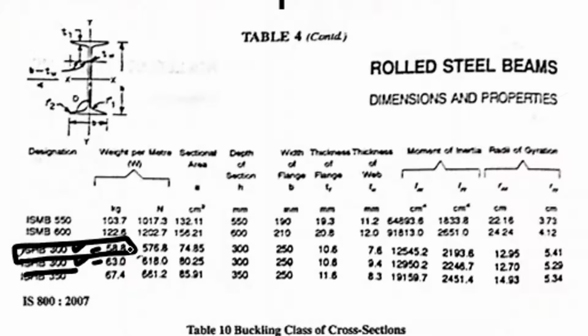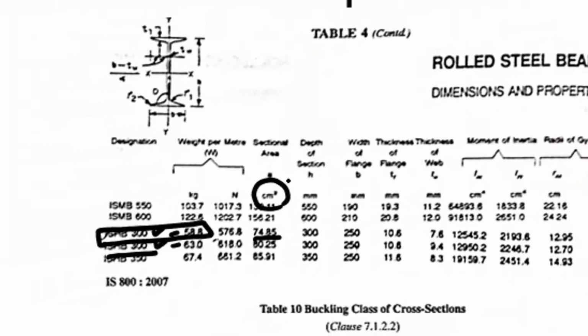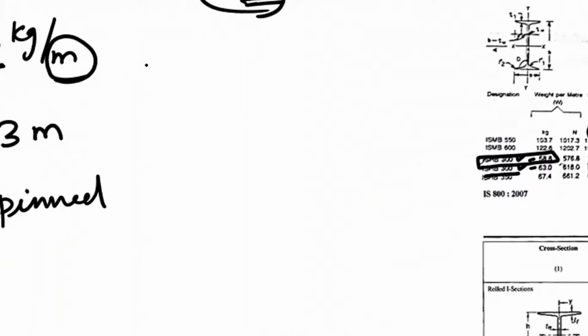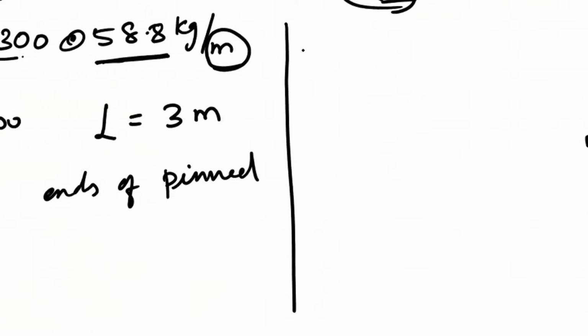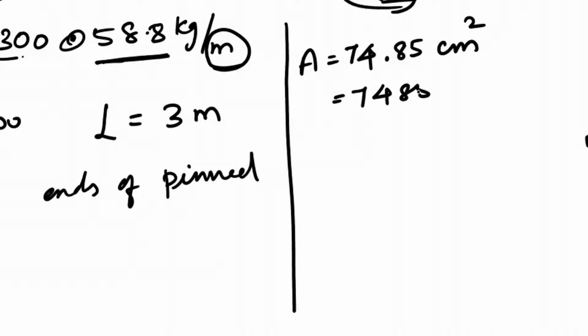For this I section, the area is 74.85 centimeter square. So let's note down the area, 74.85 centimeter square. Let's convert this into mm: 7485 mm square. That is the area of the given I section, Ae.